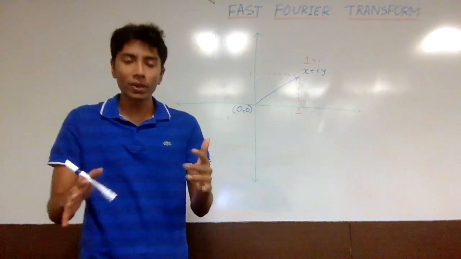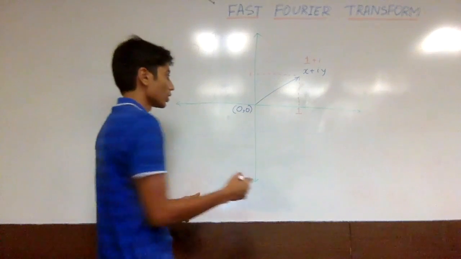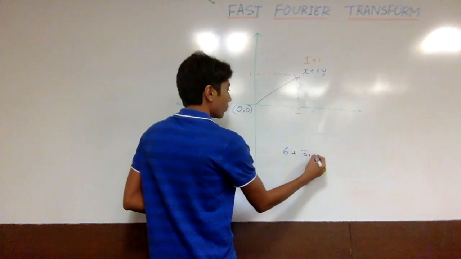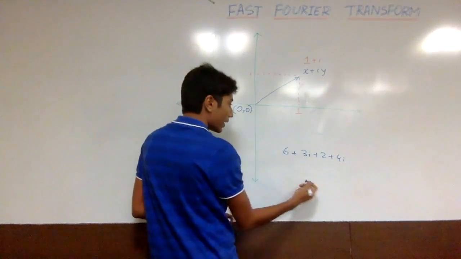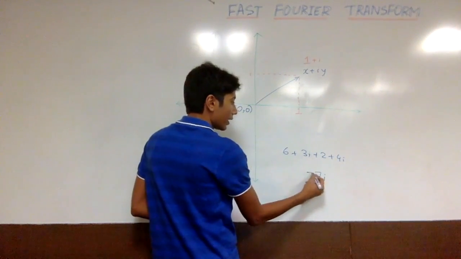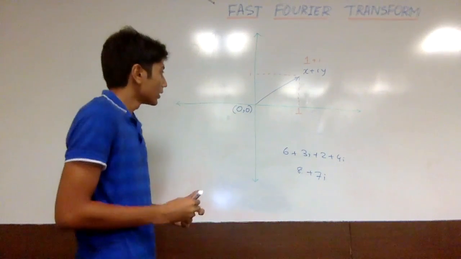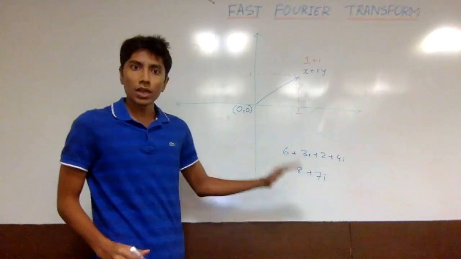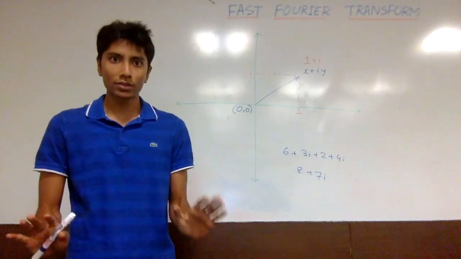Okay, they can actually, but we'll see that they don't mingle with each other when you're adding them. 6 plus 3i plus 2 plus 4i, then you can take the quantities with i separately and add them up, 7i, and here you have 8. Alright, so that's what complex numbers are. Two quantities in a single number. For now, let's think of them that way.